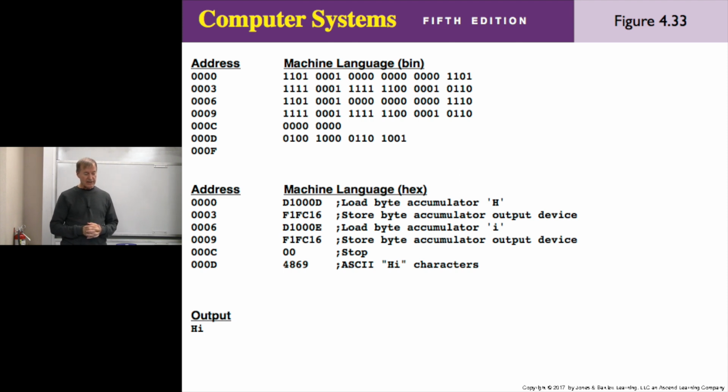Notice that the first instruction in the machine language hex version is D1000D. And D1, we just saw in the previous slide, is what? Load byte accumulator. Does everybody see? So what is this going to do? It's going to load byte, and where is it going to go to get that byte? What address? 000D.